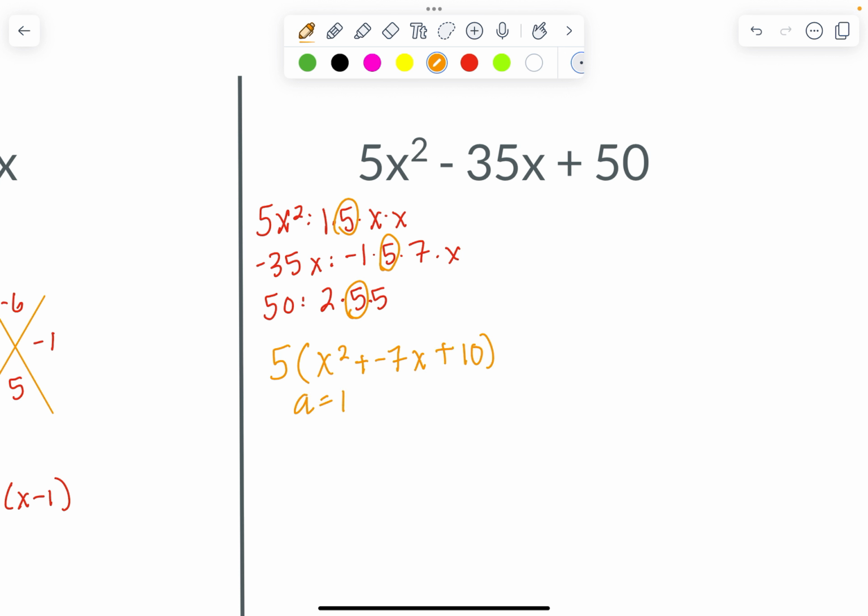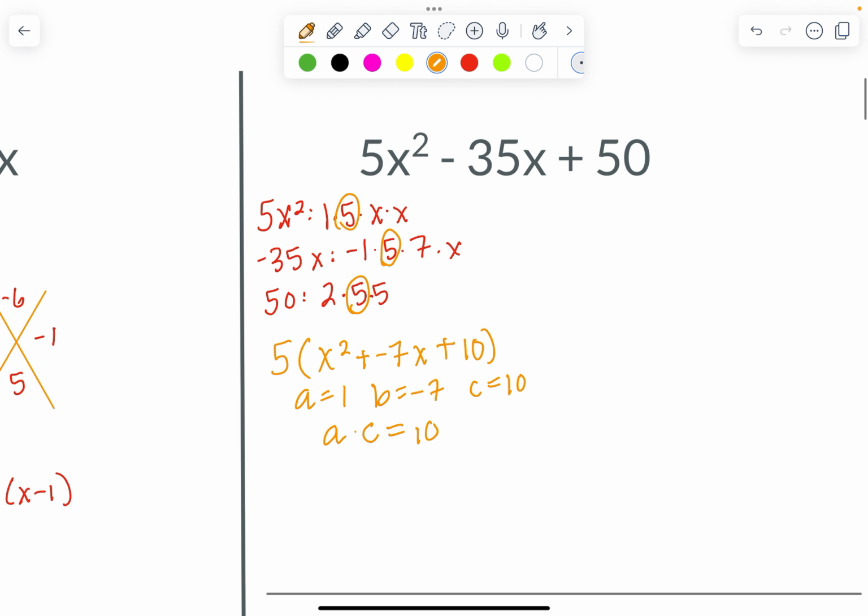So now A is 1, B is negative 7, C is 10, A times C is 10. So here I'm multiplying to positive 10, adding to negative 7, which means the two signs are going to be negative.